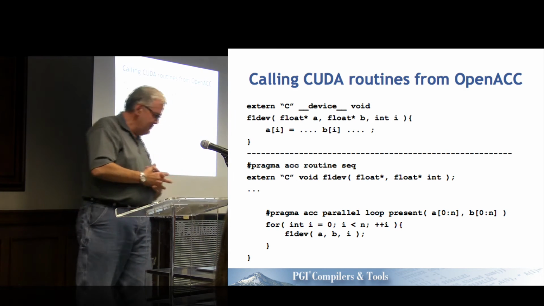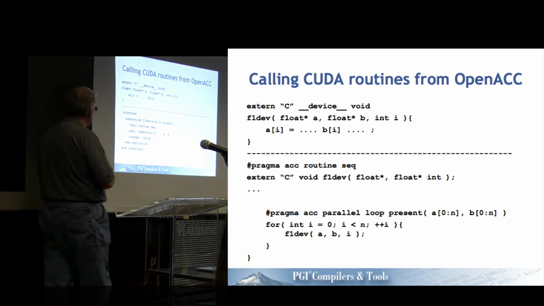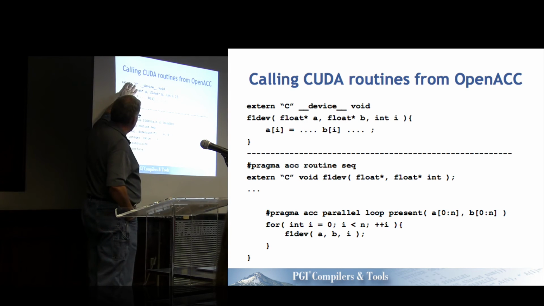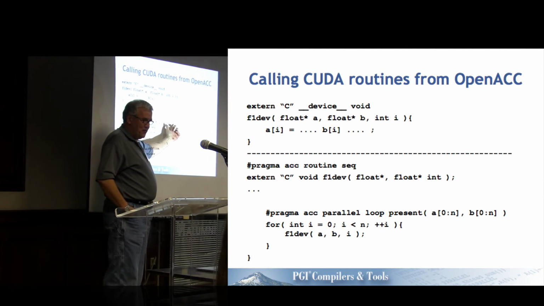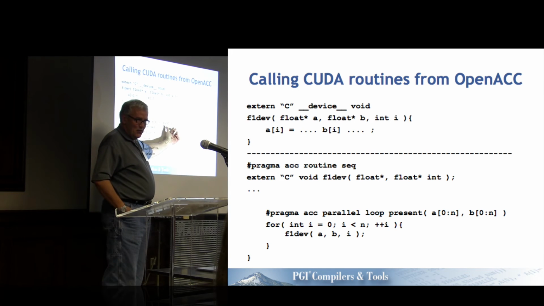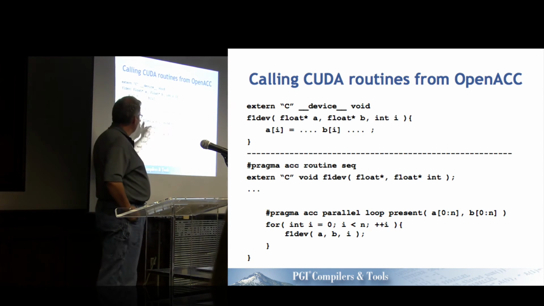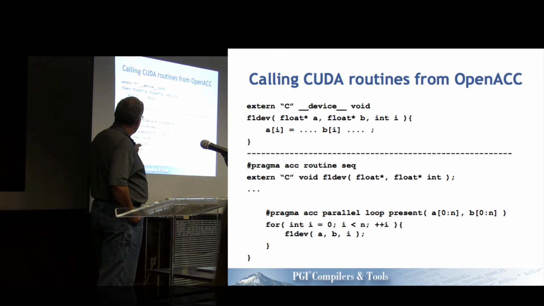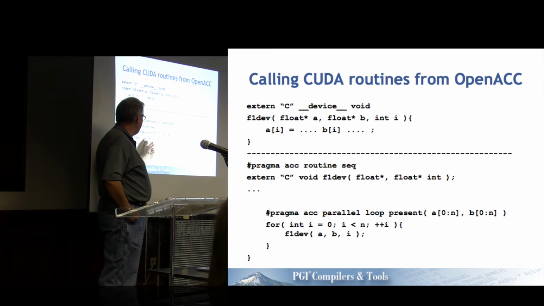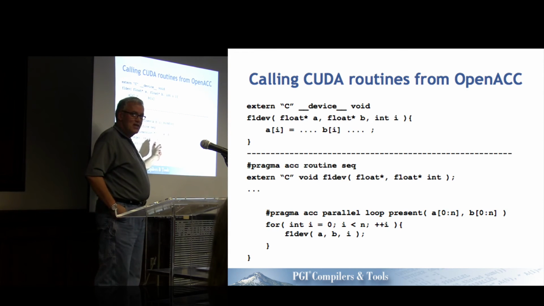And in Fortran, you can do the same thing. I can call a CUDA C routine by giving it an interface block. Bind C tells the compiler to use the C binding, which means don't decorate the name the way you would normally decorate a Fortran name. It also means, for scalar arguments, use the value attribute.